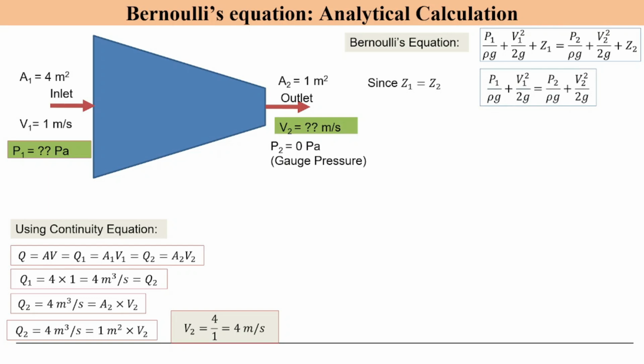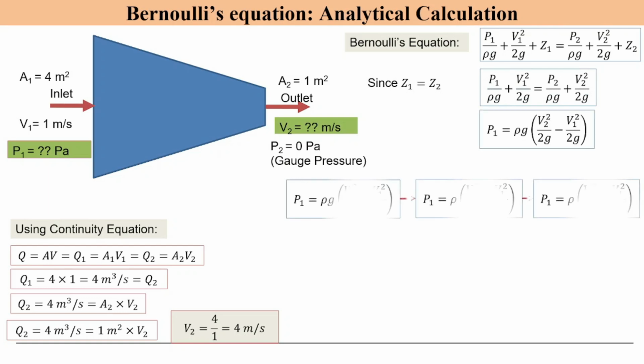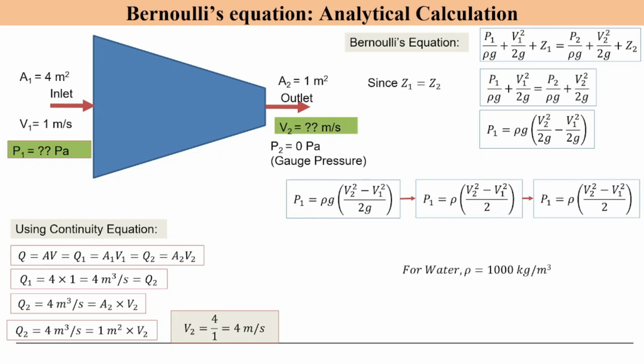What is unknown is P1 by rho g, and we have V2 square by 2g and V1 square by 2g. We know the V1 value, we know 9.81 for g, rho the density of water, which is 1000 kg per meter cube, and V2, which we just calculated based on the continuity equation, is 4 meter per second. I put all the values in this equation, and finally I get P1 equals 7500 Pascal. This is the pressure available at the inlet of the converging section.